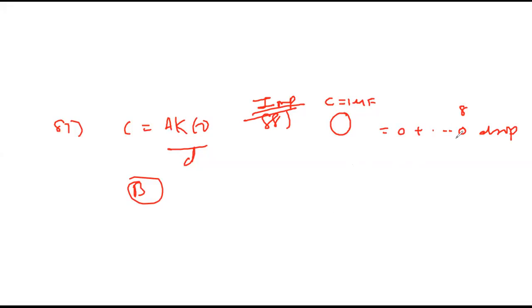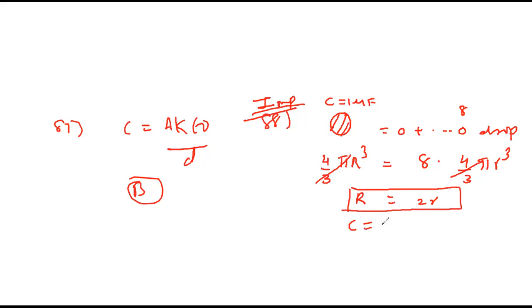Whenever drop becomes droplet or droplet becomes drop, first obtain relation between their radii. Correct now? So volume of this drop, 4 by 3 pi R cube, should be equal to 8 times 4 by 3 pi small r cube. 4 by 3 pi cancel. So taking cube root, R is 2r.